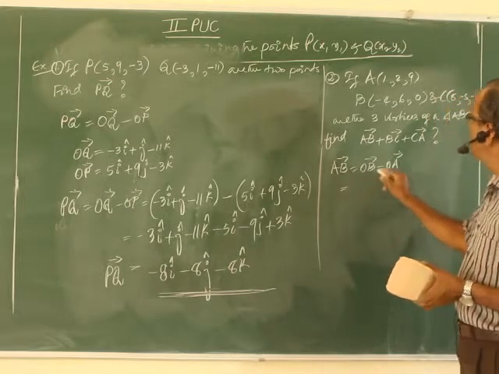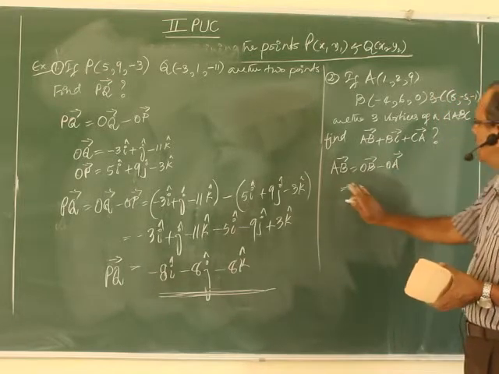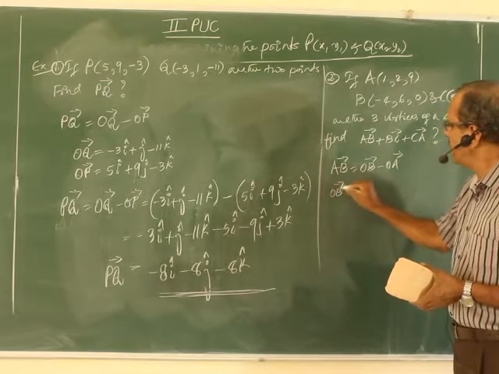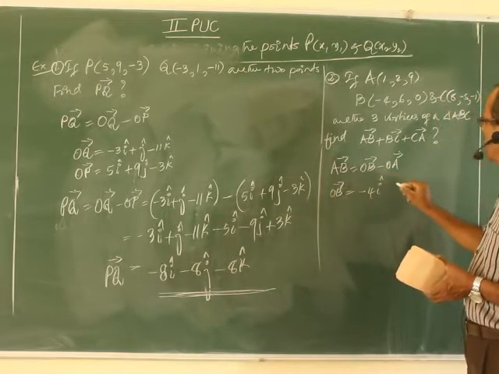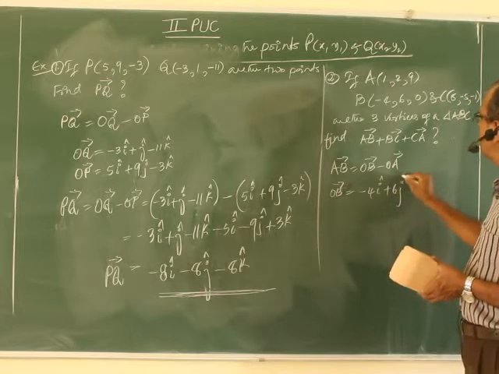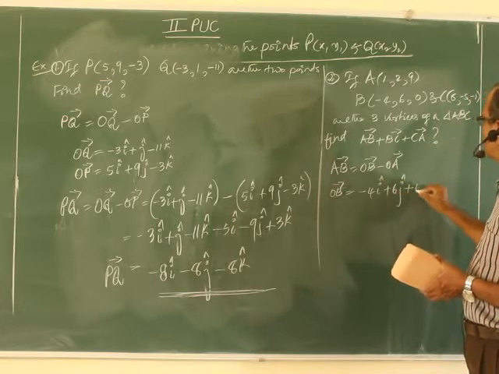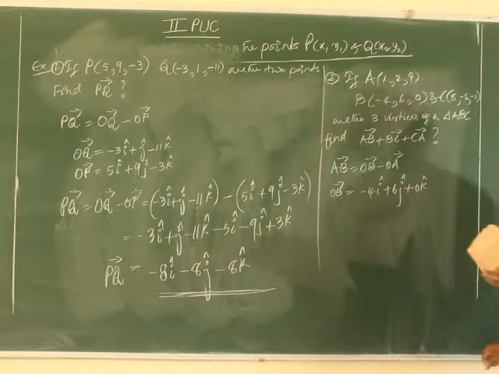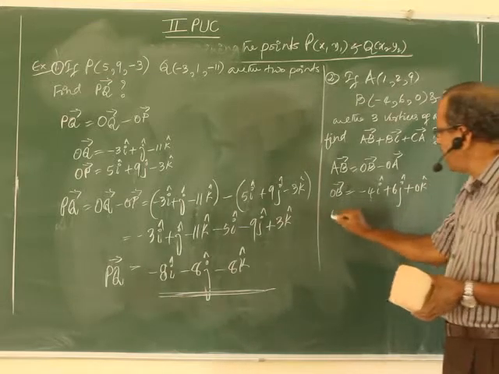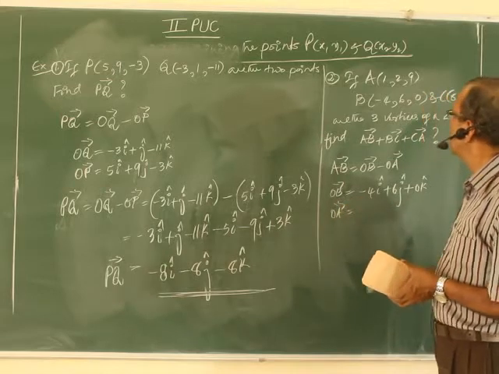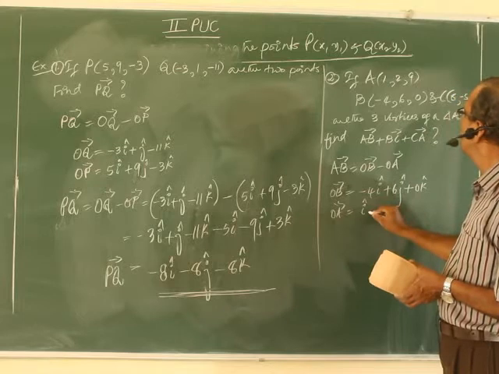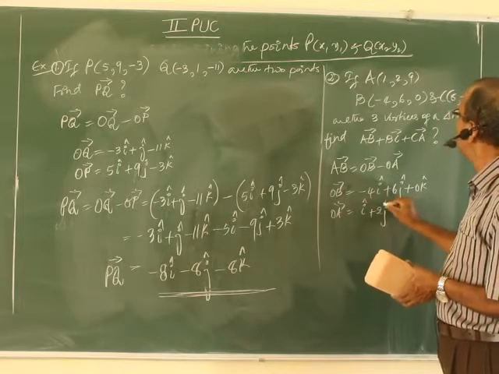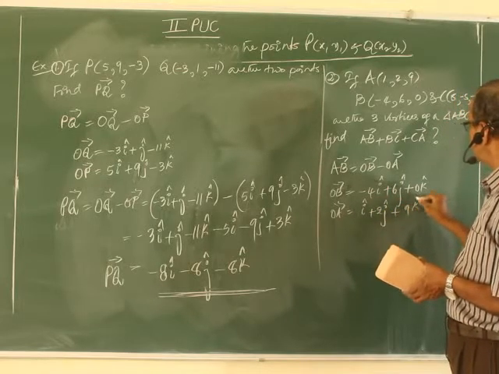OB is minus 4i plus 6j plus 0k. Let me write 0k; actually, there is no k term at all. OA equals vector A, 1i plus 2j plus 9k.